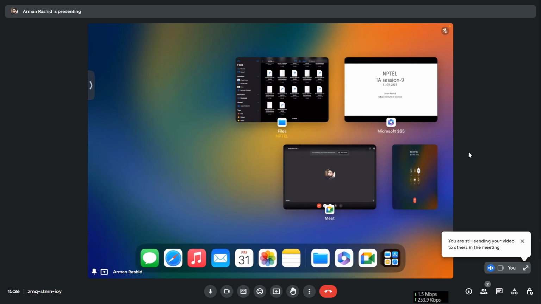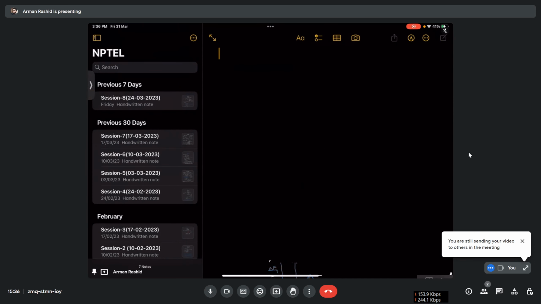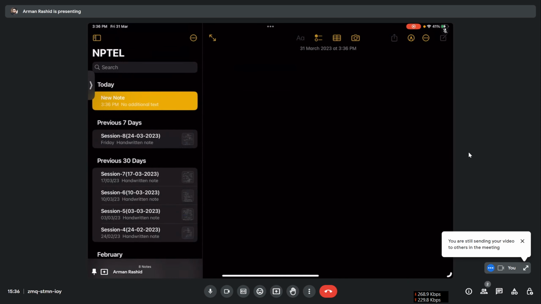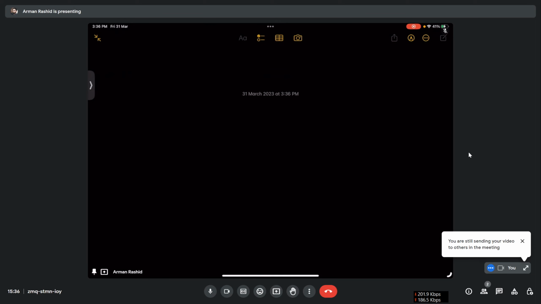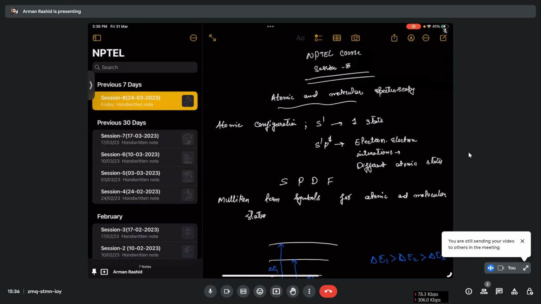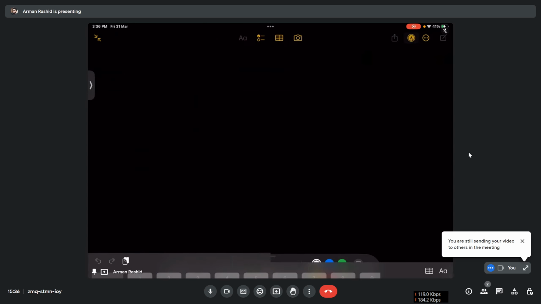I have told you about electronic spectroscopy in the case of atoms. So this is NPTEL session 9.